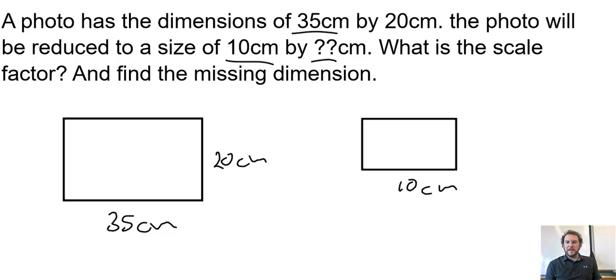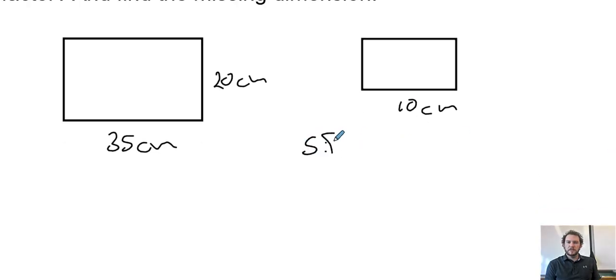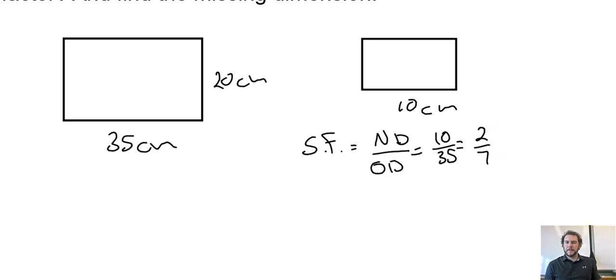So step 1, we have to find our scale factor. Scale factor is equal to new dimension divided by old dimension. So in this case, that's 10 over 35, which if we reduce is 2 over 7. So that means my scale factor to go from this image to this one is 2/7. Then what I need to do is take this 20 and multiply it by 2/7.